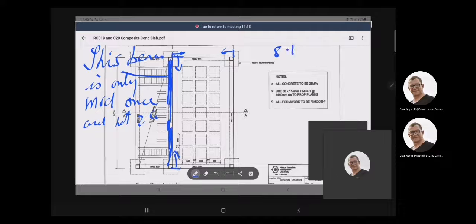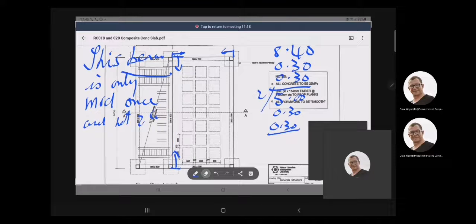So my dimension there, therefore, would be 8.4 by 0.3 by 0.3. And the other one was 5 meters by 0.3 by 0.3. And we had two of those because that covered that and that there.